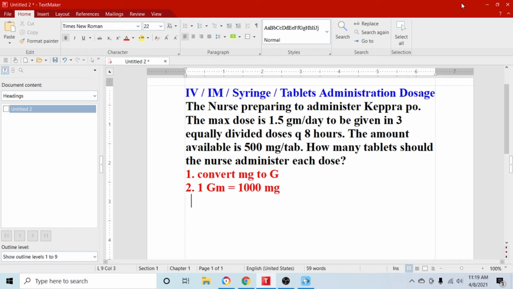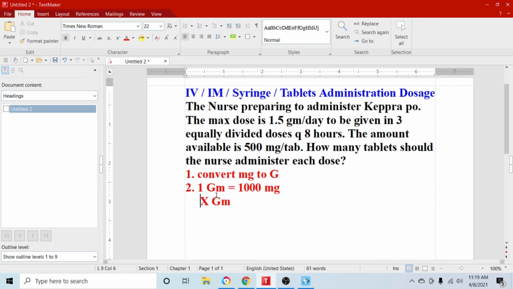So my question is, how many grams is a 500 milligram tablet? So keep apples with apples and oranges with oranges. We're converting the milligrams to grams. So put the grams on the left, right, guys?